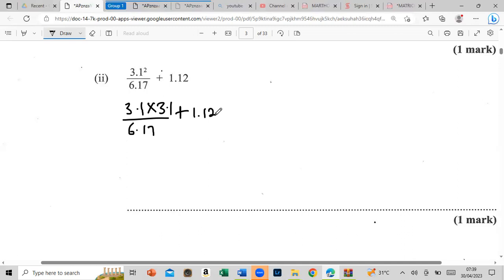I use my calculator: 3.1 times 3.1 works out to 9.61, and then I'm going to divide by 6.17.